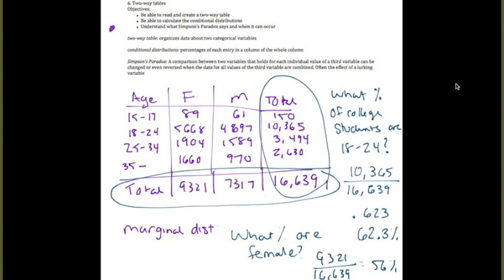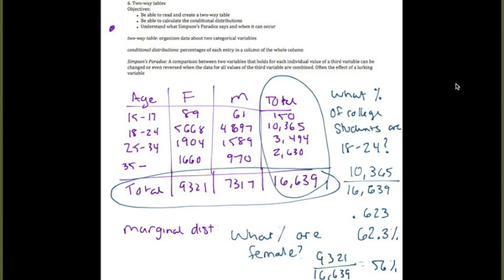For conditional distributions, the conditional distribution is the percentages of each entry in a column out of the whole column. So we're not looking at an individual categorical total over the whole table total. We're looking at a middle-of-the-table data entry divided by an individual total, like 89 divided by 93.21.